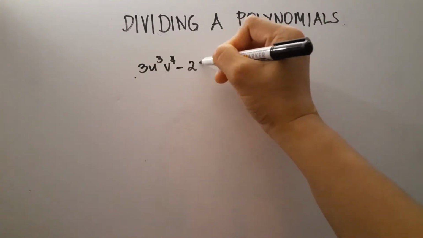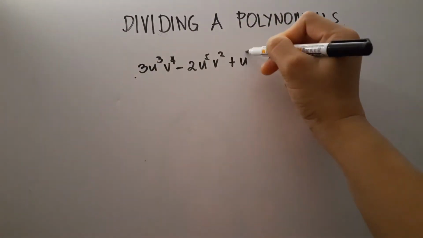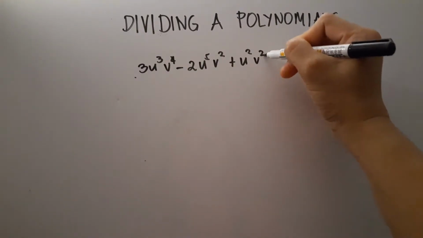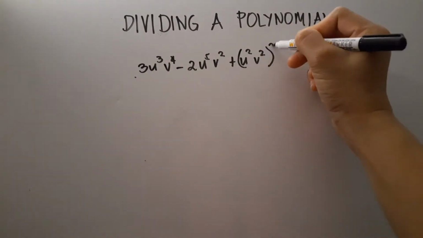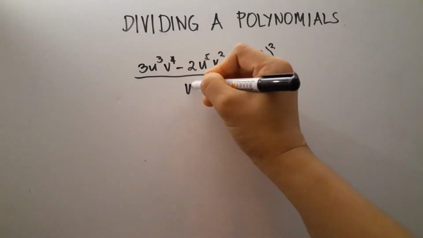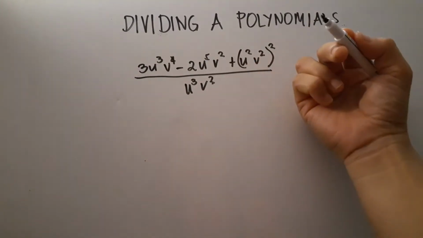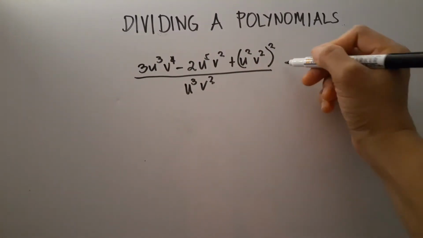Another example, (3u cubed b to the 4th minus 2u to the 5th b squared plus the quantity u squared b squared raised to the power of 2) over u cubed b squared.